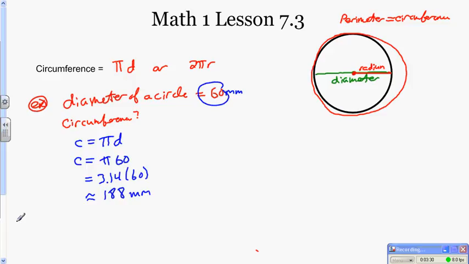All right, another big formula that we have to learn for this lesson is arc length.